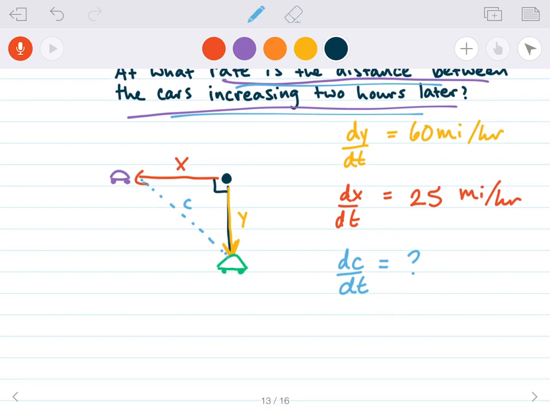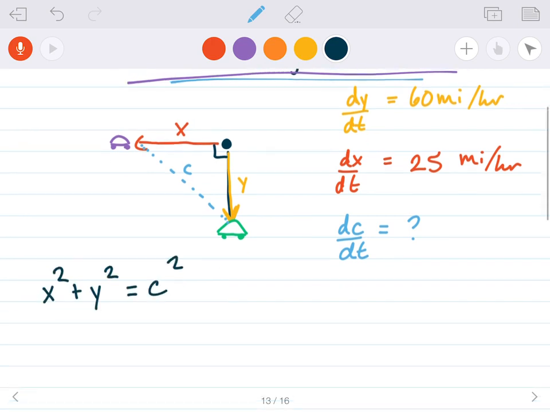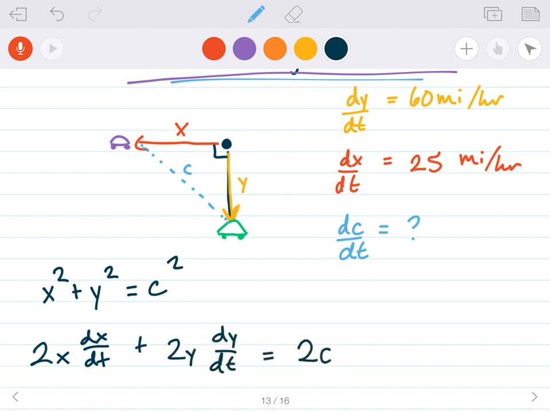Well, we can relate these by the Pythagorean theorem, right? So x squared plus y squared is equal to c squared. That's our relationship here. And if we take the derivative of both sides with respect to time, we get 2x dx dt plus 2y dy dt is equal to 2c dc dt.